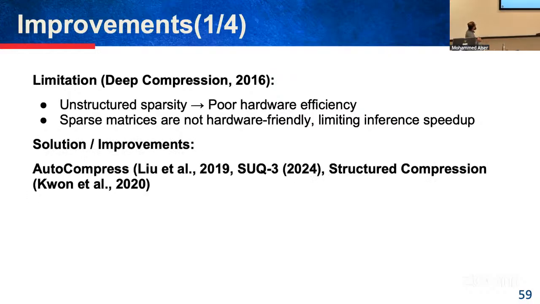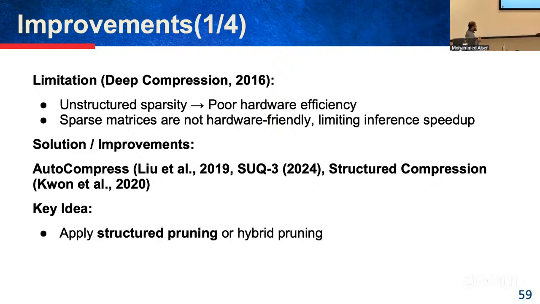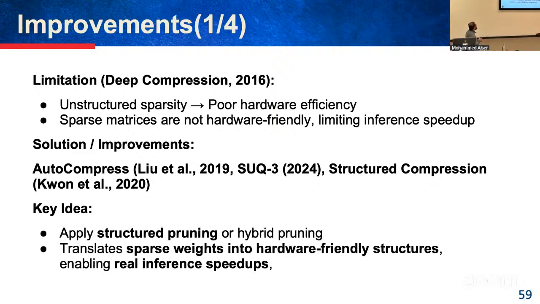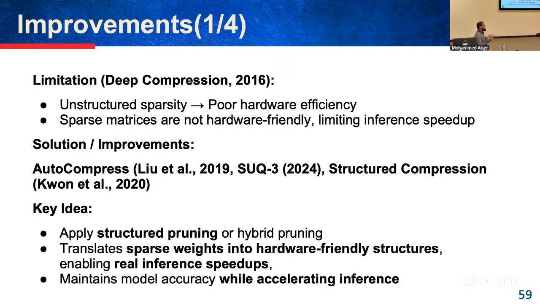So we want to talk about some limitations and possible improvements. One is unstructured sparsity. So this paper's main limitation is unstructured sparsity. That means you do the pruning, but actually you are making the less important weights zero.